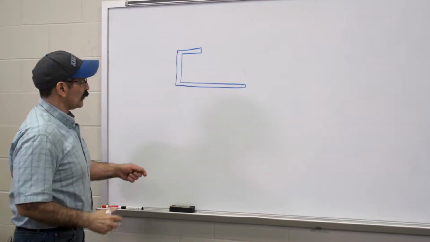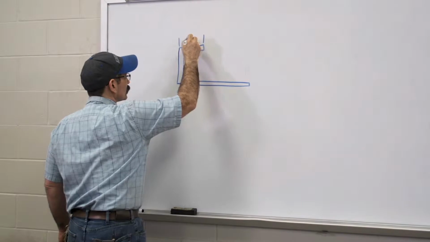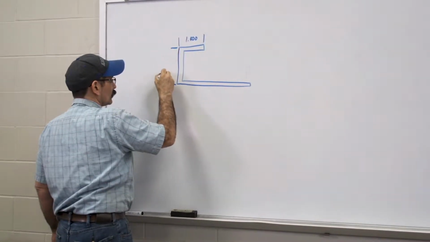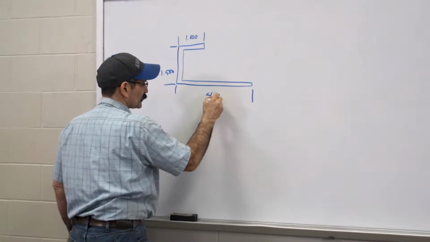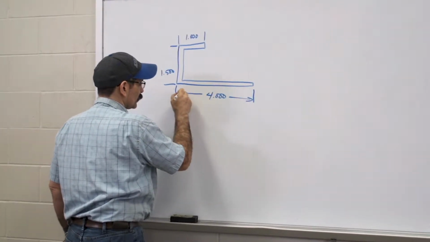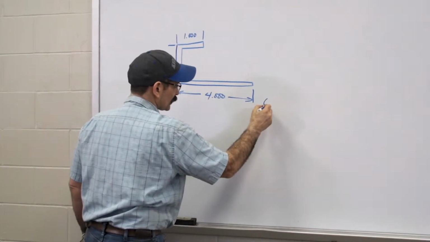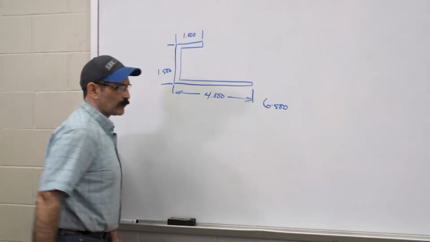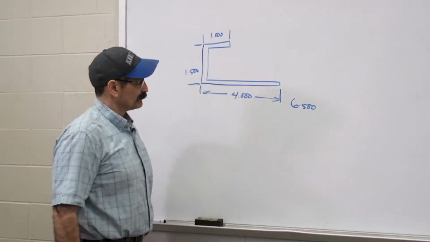Say this is 1 inch long, this is 1.5, and this is, let's say, 4, just for a number. So 4, 5.5, 6.5. I have a 6.5 inch long piece. But is that how long the flat blank's going to be?